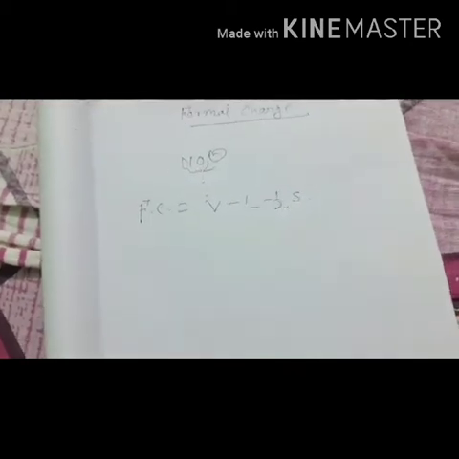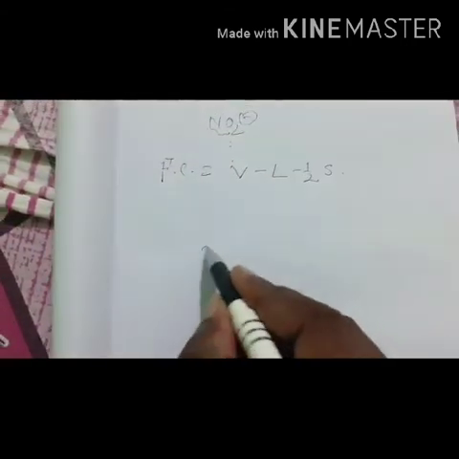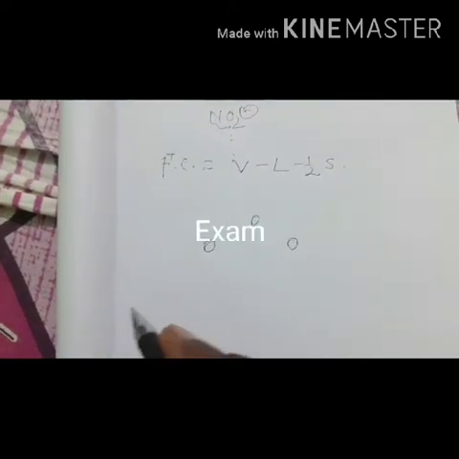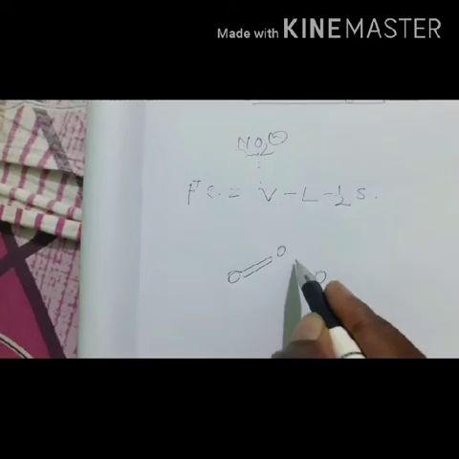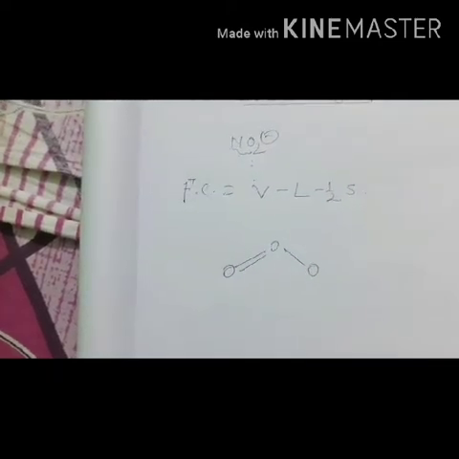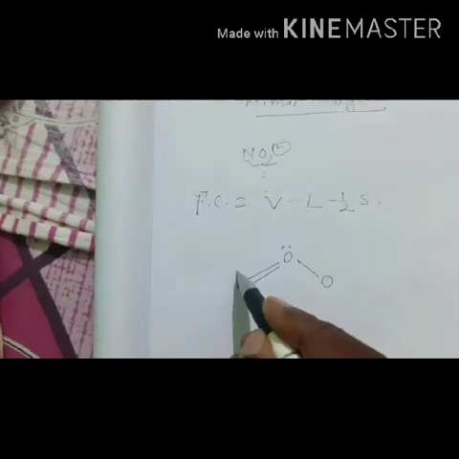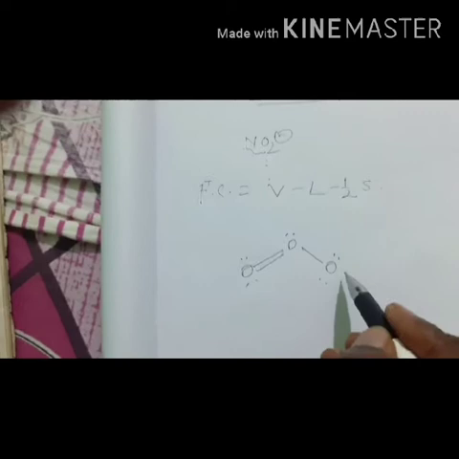Let us consider the ozone molecule. The molecular formula is O3. I can write the three oxygens like this. Between two oxygen atoms there is a double bond and there is one single bond, and there are lone pairs on the atoms.